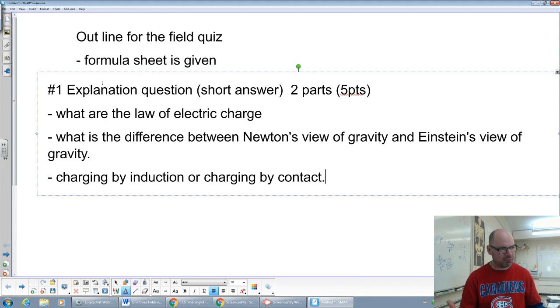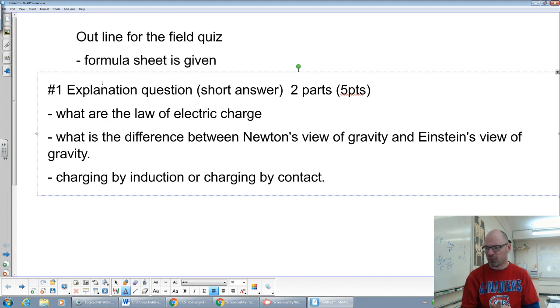You bring the rod in close, you touch the object with your finger or ground it with something, then you remove them. As the charged rod is brought in close, it separates the charge. Your finger will either cause electrons to move off the neutral object or onto it, depending on the charge of the rod. Then you remove both the rod and your finger, and the electroscope will be charged. Charging by induction gives you the opposite charge of the rod.